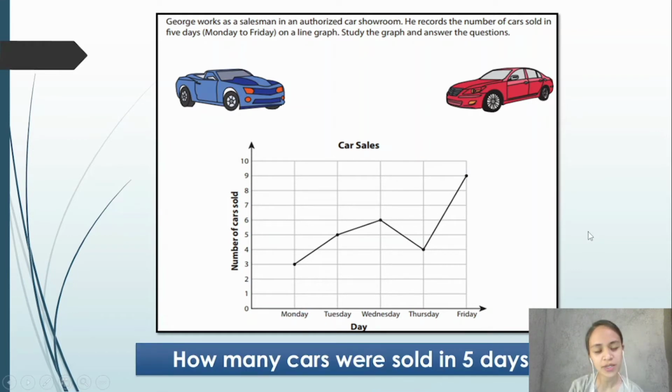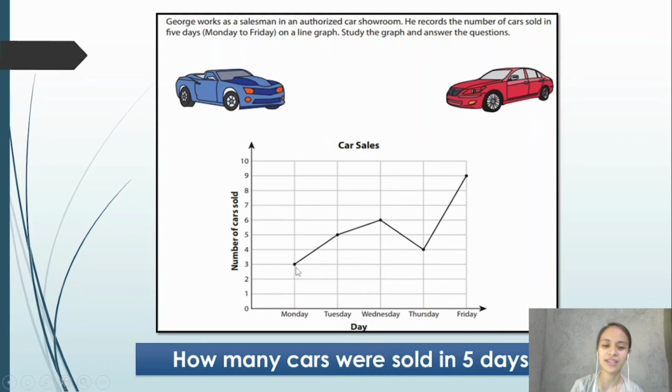The next question is, how many cars were sold in 5 days? From Monday, Tuesday, Wednesday, Thursday, and Friday, how many cars were sold in all? What are you going to do? You are just going to add the number of cars sold per day.